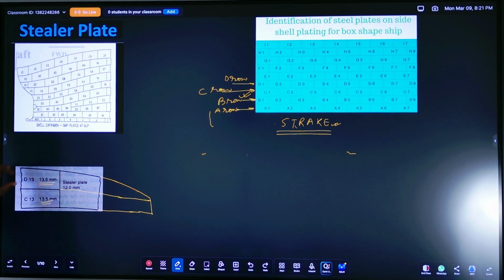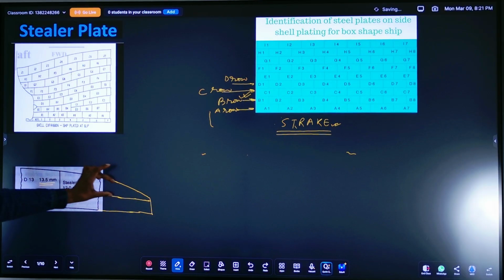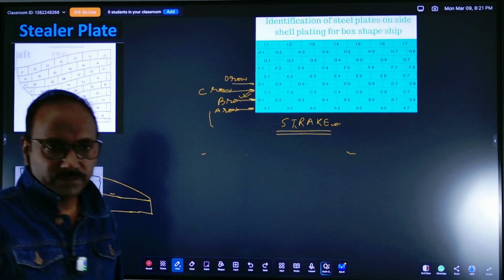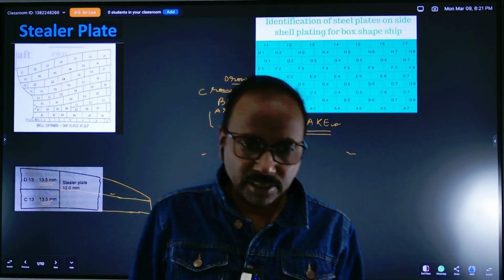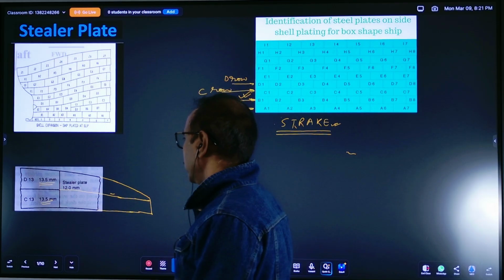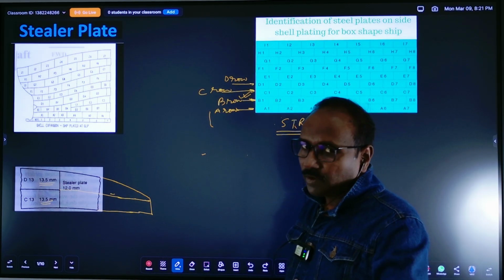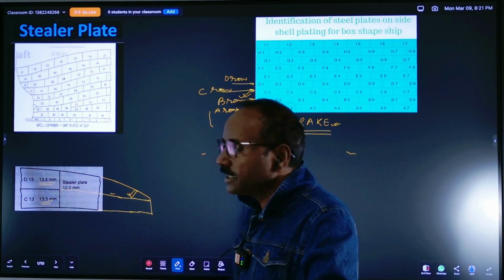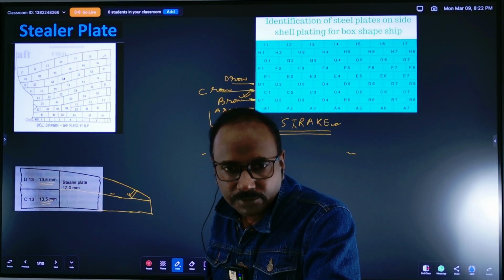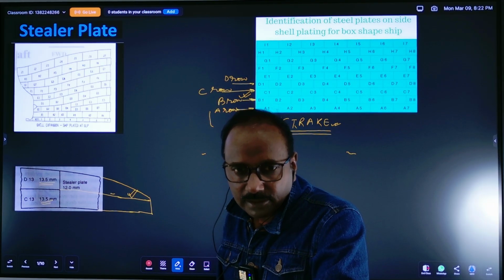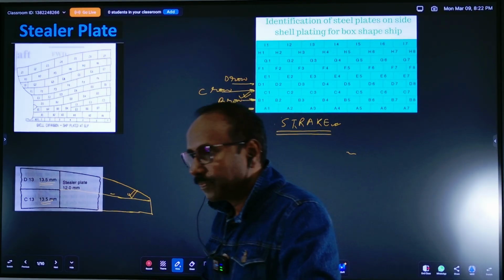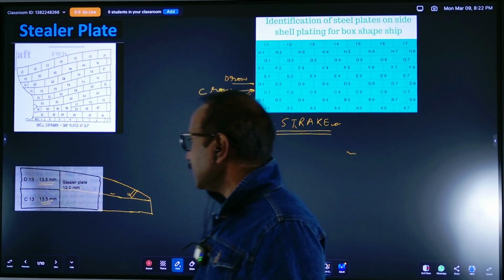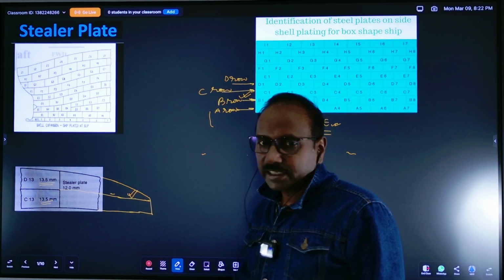So you can see if we would have used D14, the width of the strake was very, very less. It's almost zero. So what will happen because of this? The strength in this area will become very less. So it will be a weak section.